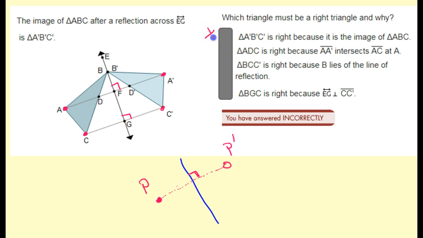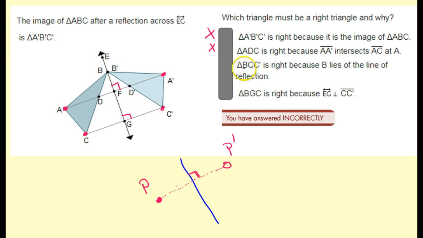So I don't think that's it. How about triangle ADC? Okay, let's see. ADC. That's this triangle right here. No, there's no right angle in here that we know anything about. So I don't think that's going to be it. So that's another no.